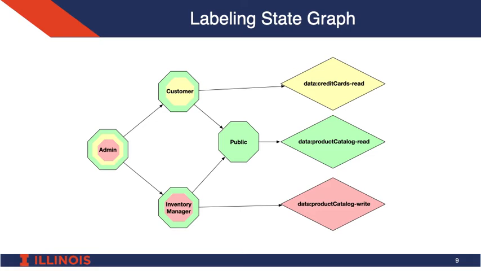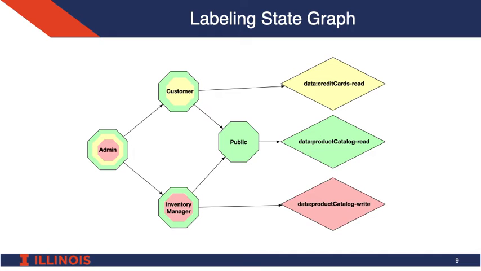The labeling state graph describes the different roles assigned to the users of the serverless application and the permissions possessed by them. Roles can be hierarchical such that the parent roles encompass all permissions of their children. In our example, the public role has the least privilege and only has permission to read the product catalog, while the customer role is permitted to read both the credit card database and the product catalog.